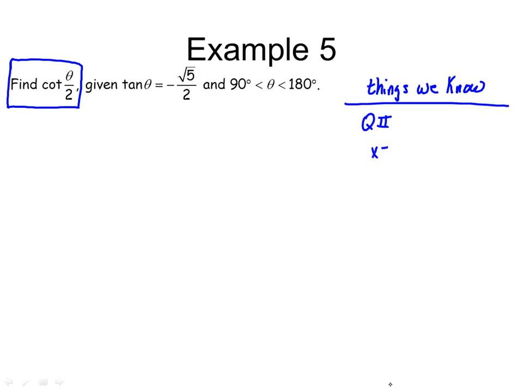X is what? 2. Y is what? Which one's negative? That negative's got to go somewhere. It's got to go with either the 2 or the radical 5. Which one? We're in quadrant 2, so sine has to be positive, so it can't go with the y, right? Sine goes with y. So it has to be this one. Has to be.